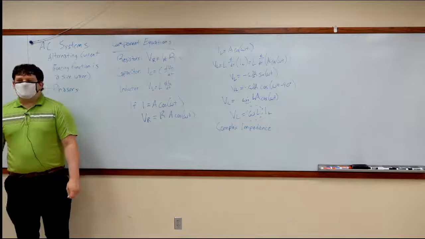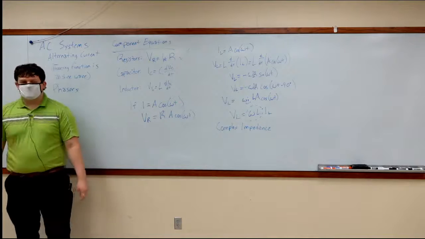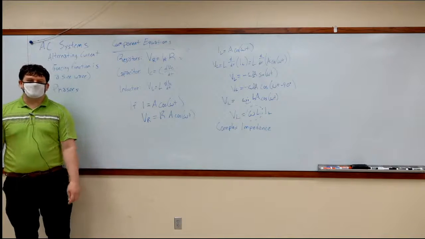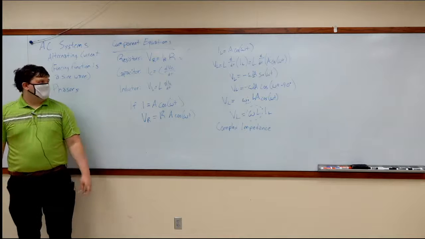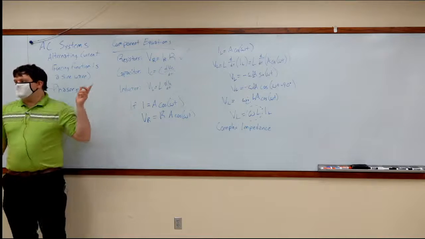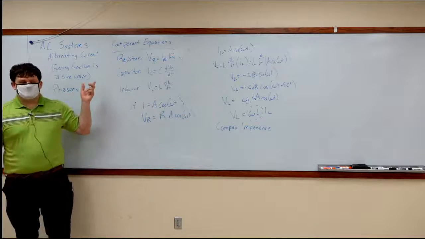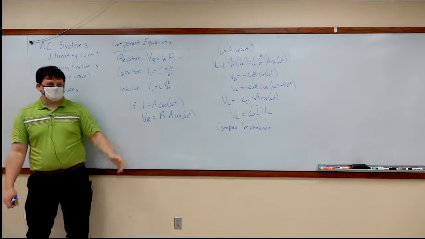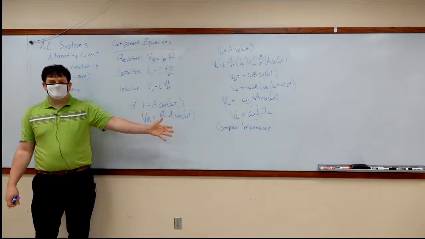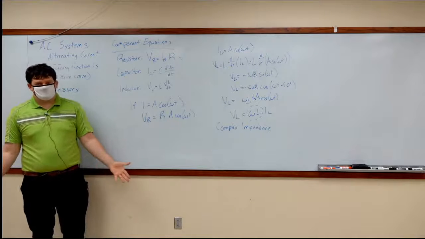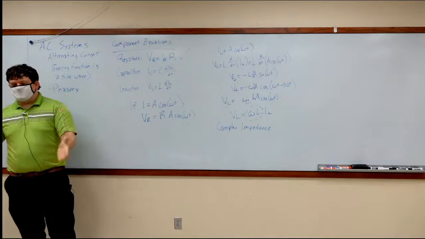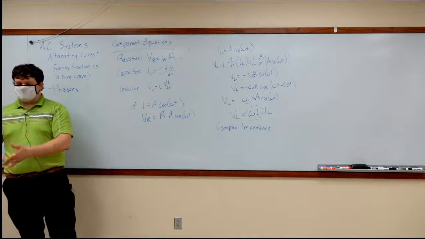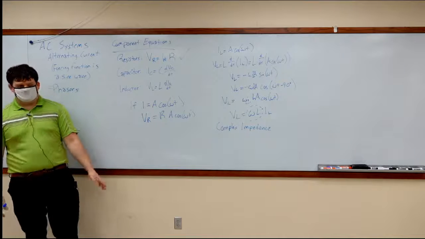Okay, and the idea of a complex impedance is that if we take these in phasor form, the derivatives and the integrals of these functions become identical functions to our original functions. We can just put them in phasor form again. The derivative and the integral of a phasor is another phasor.